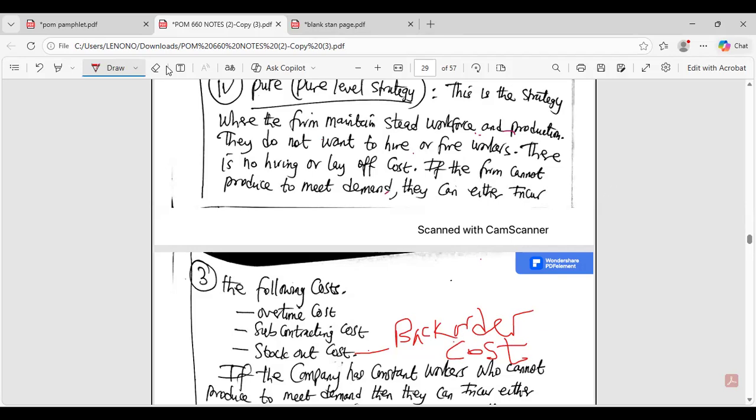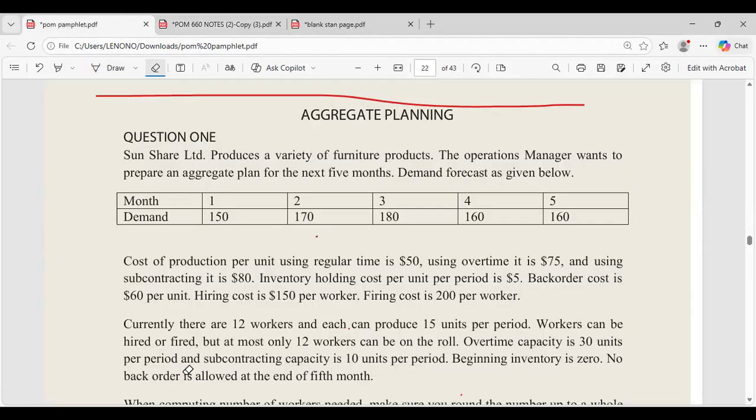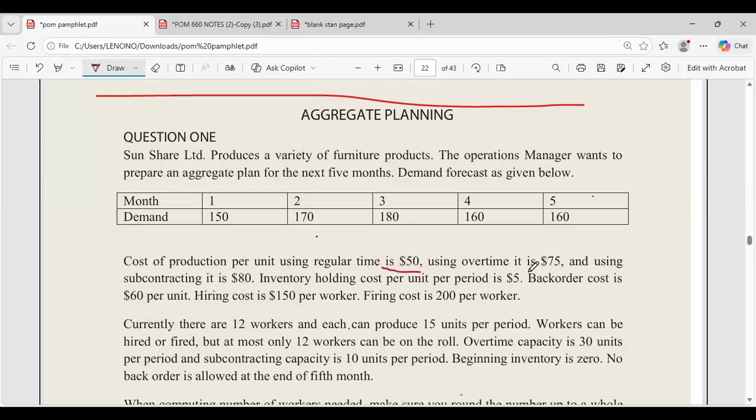Okay, so let's check which is cheaper. Now here, you read what is happening. It says the cost of production using regular time is $50, overtime is $75, subcontracting is $80. So which one is cheaper among the three provisions here?